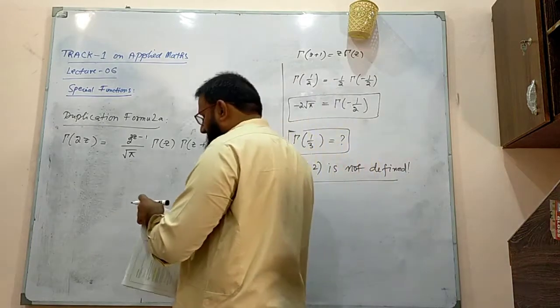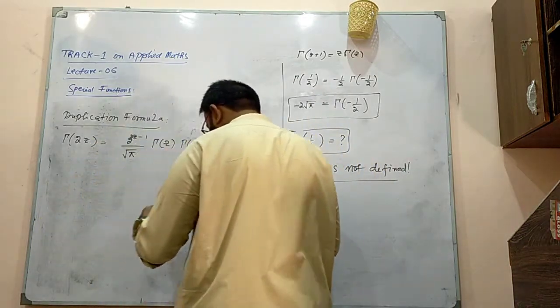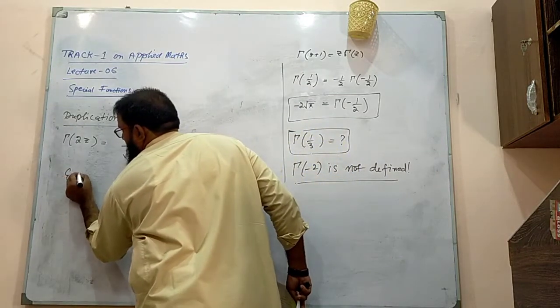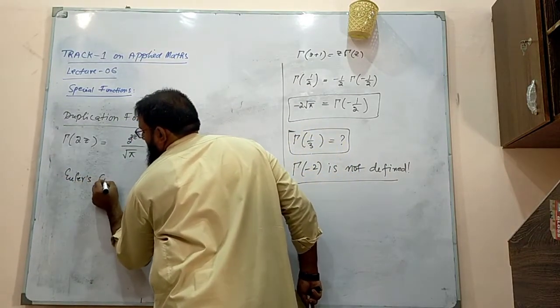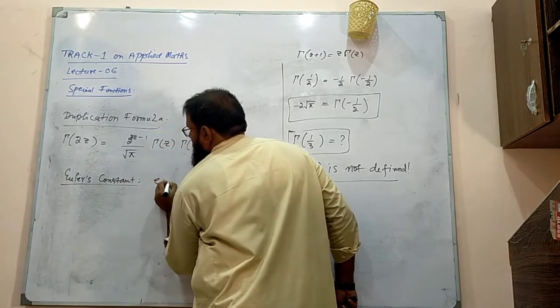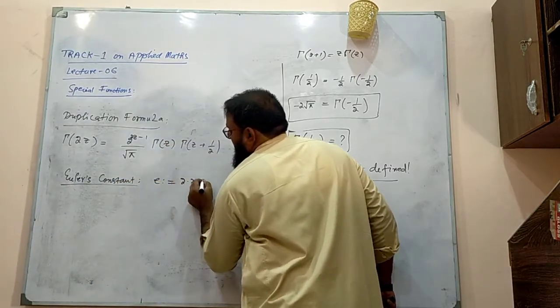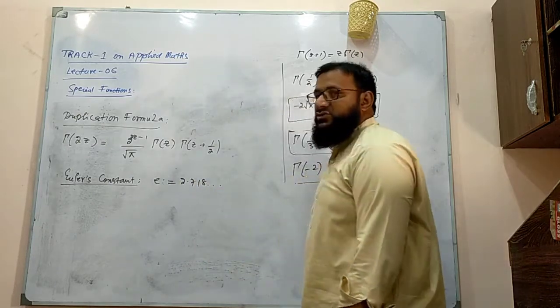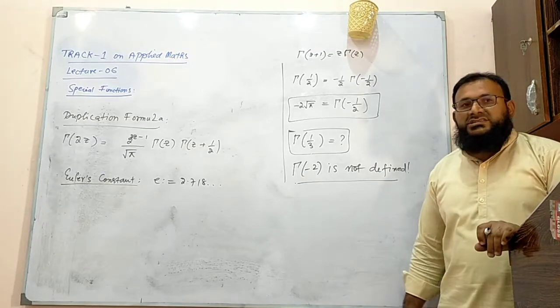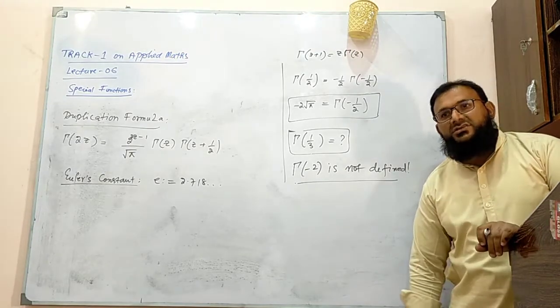You know what is Euler's constant? Everyone knows the value is e, like this, 2.718 and so on. But basically its name is not Euler's constant. Euler's constant is something else.